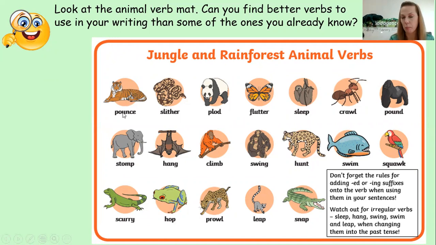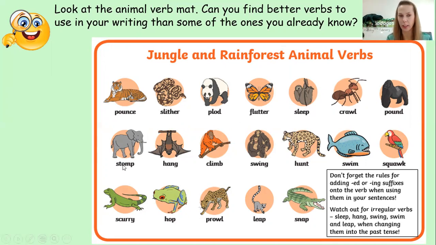First of all, we've got pounce for a tiger, slither for a snake, plod, it's quite a slow way of moving, for a panda, flutter for a butterfly, sleep for a sloth, crawl for an ant, pound for a gorilla.